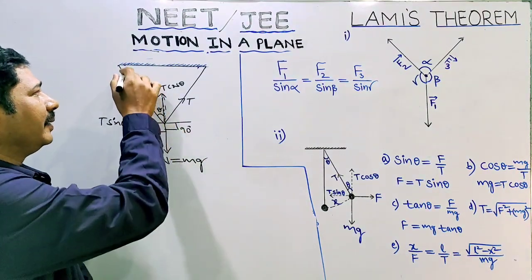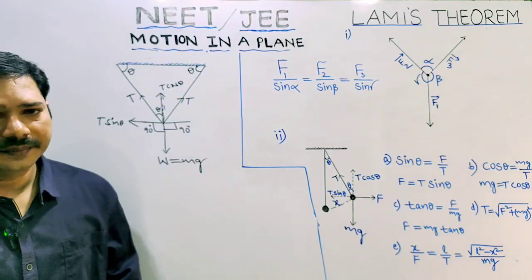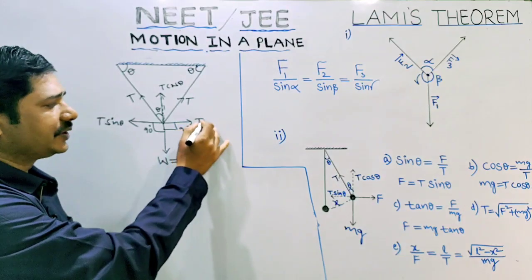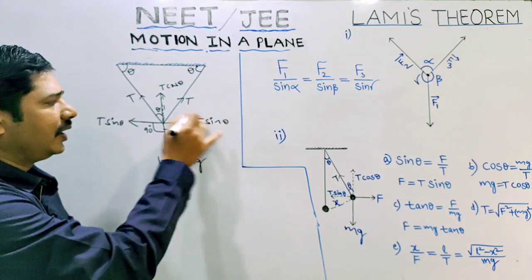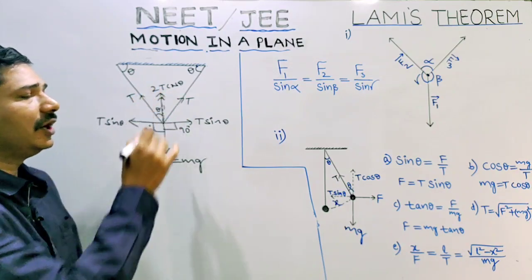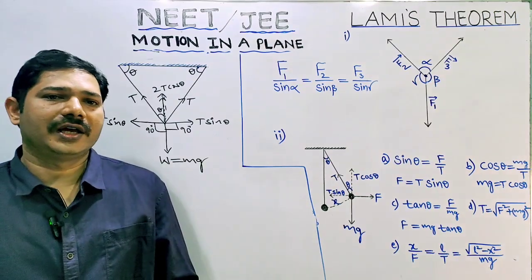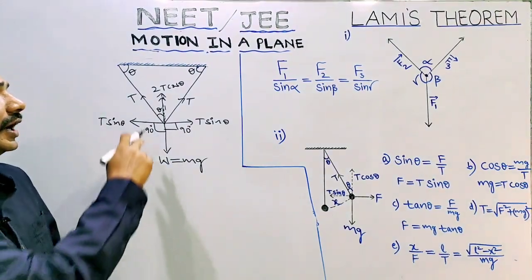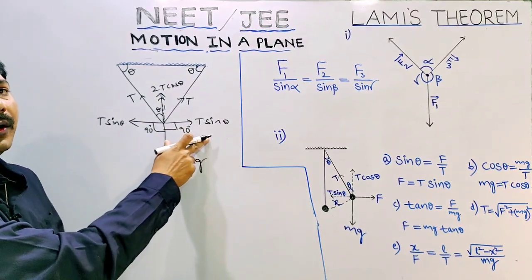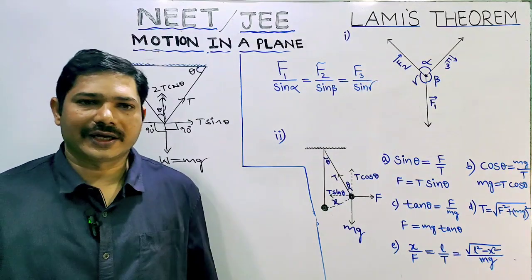This is theta, because theta and theta. Here this tension also resolves into two rectangular components, T sin theta, and here also T cos theta plus T cos theta, total 2T cos theta. Now it is very clear from the diagram: the upward forces are equal to downward forces. The T sin theta components on the left and right sides are cancelled.